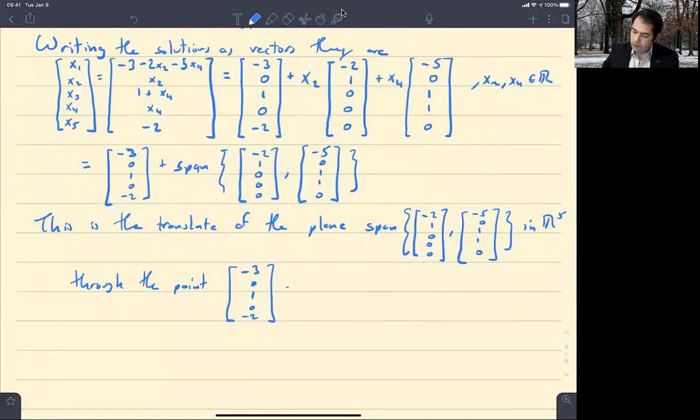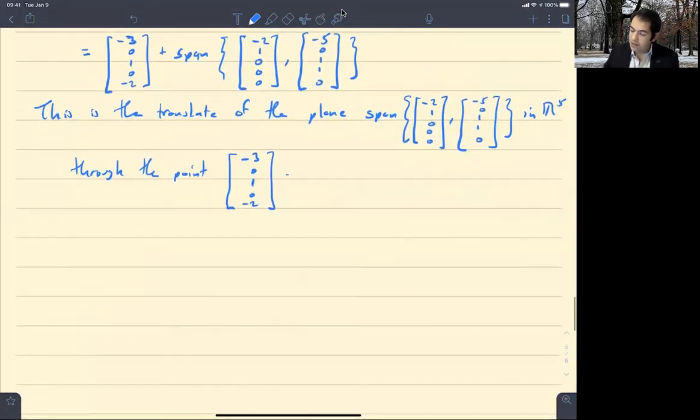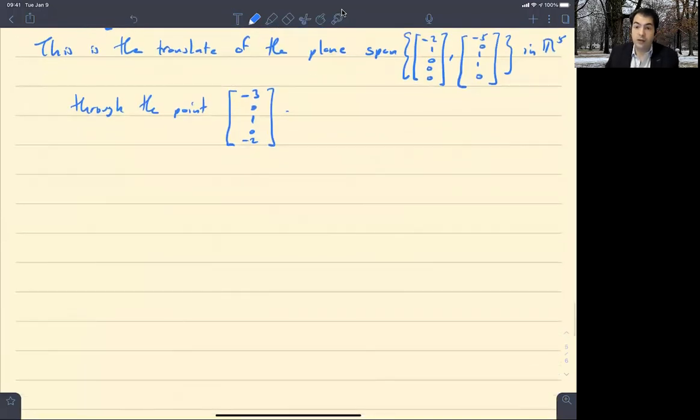Right, so we can't draw things in R5, but we can visualize this by using R3. So we can visualize this.